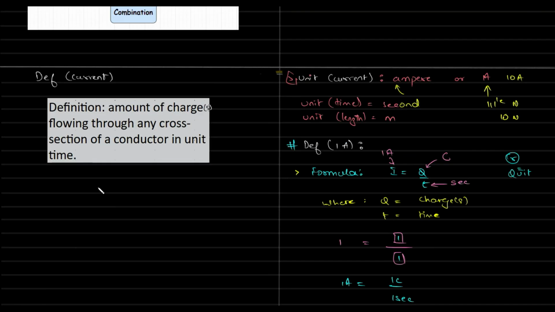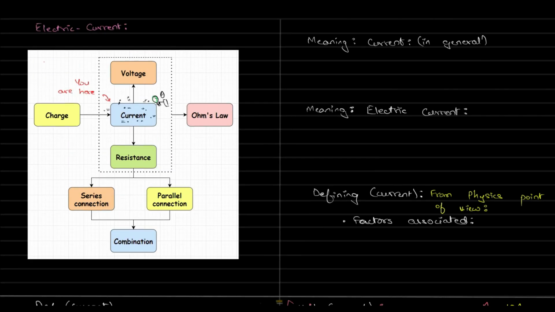So let me repeat the entire thing. We started with understanding charge. Charge is a fundamental part of what we understand in the universe. It's one of the most fundamental things, like mass. It's a property of matter. Then we understood that when charge starts flowing around, we have current, and we call it electrical current because the word electric has to do with any phenomena associated with charge.